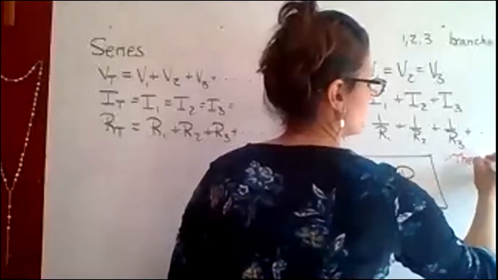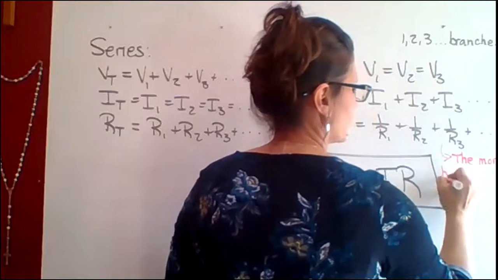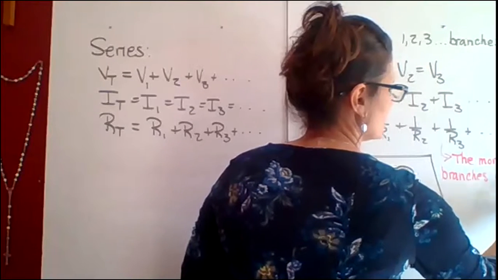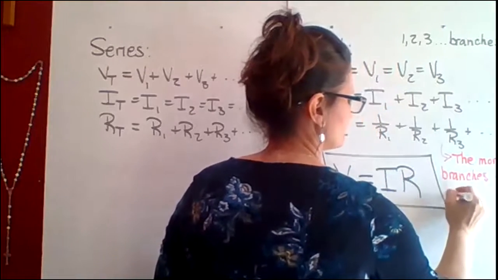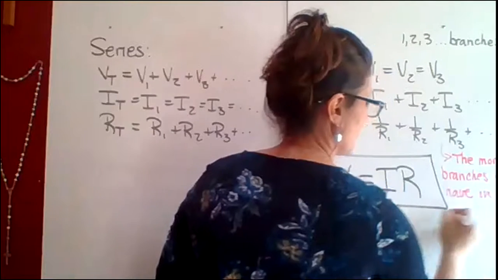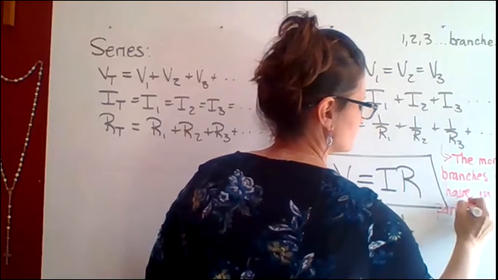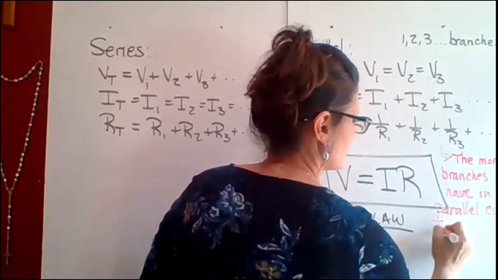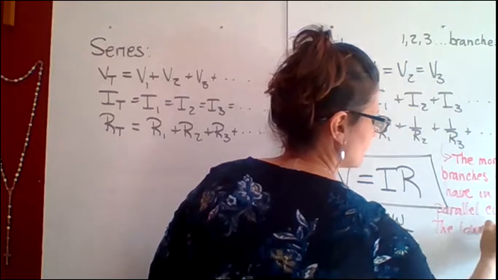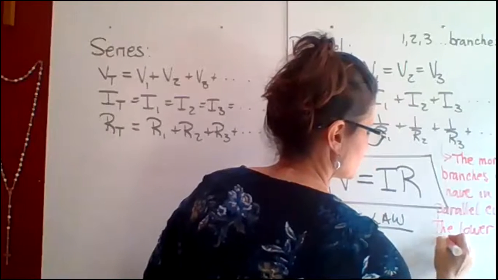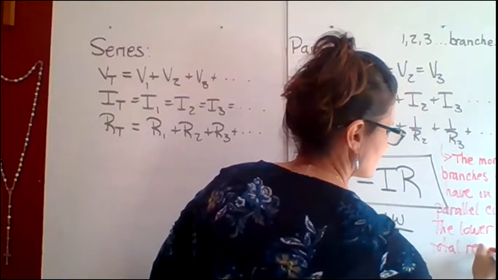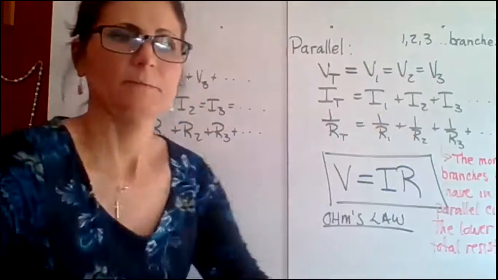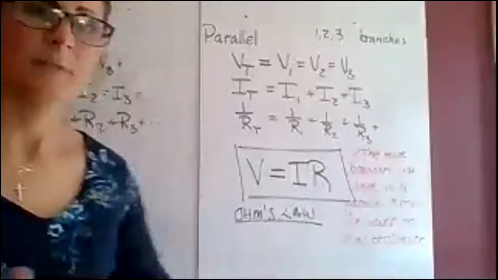The more branches you have in a parallel circuit, the lower the total resistance. Hopefully, oh, can't see that too well, huh?